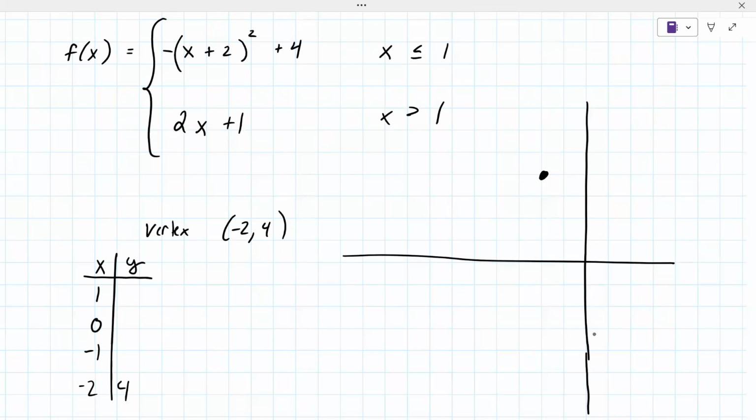The -5 for the first one. And then we do the same thing for 0. So 0 plus 2 squared is 4. -4 plus 4 is 0. And then why don't you do this next one at -1, please?